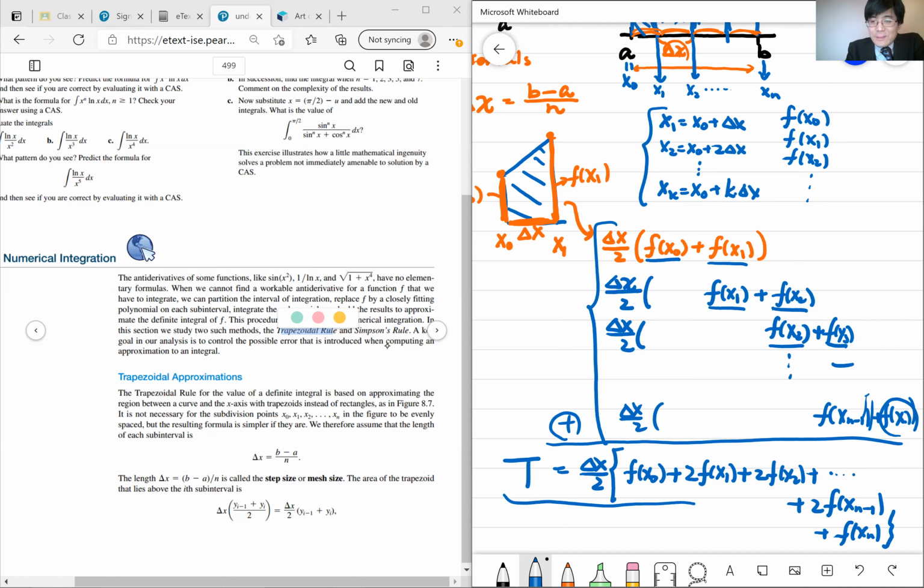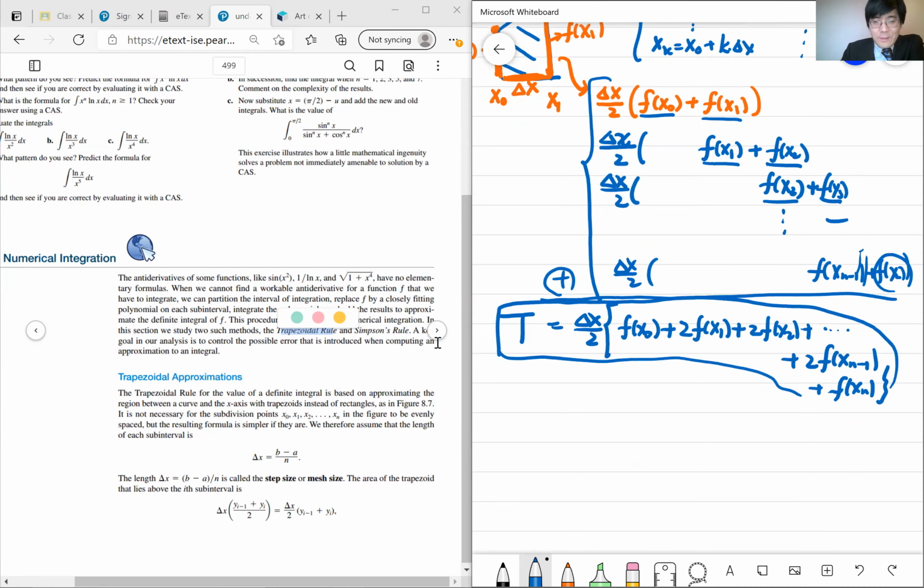Okay, this will give us the area under the segments.